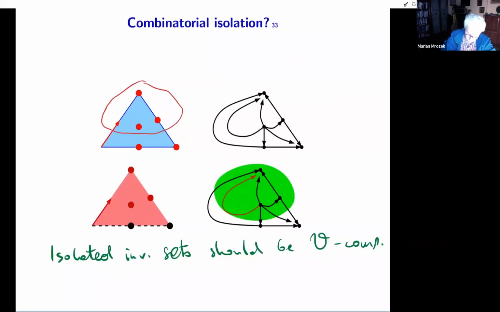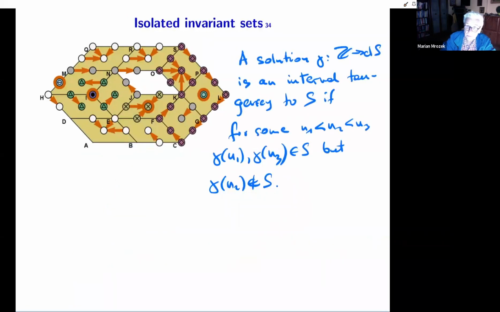So we can prove actually the following theorem. Sorry, first the definition. I need the internal tangency to define what is now an isolated invariant set.